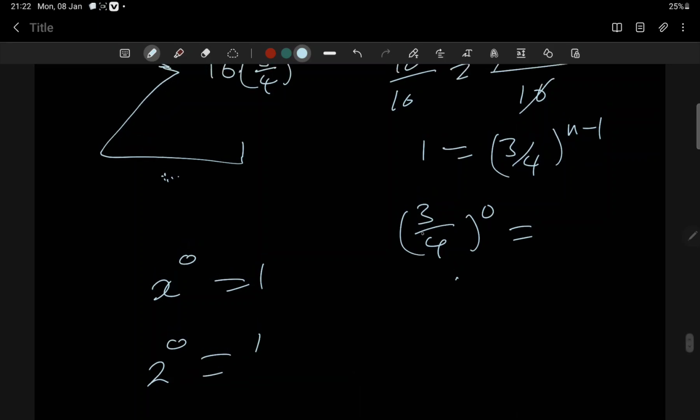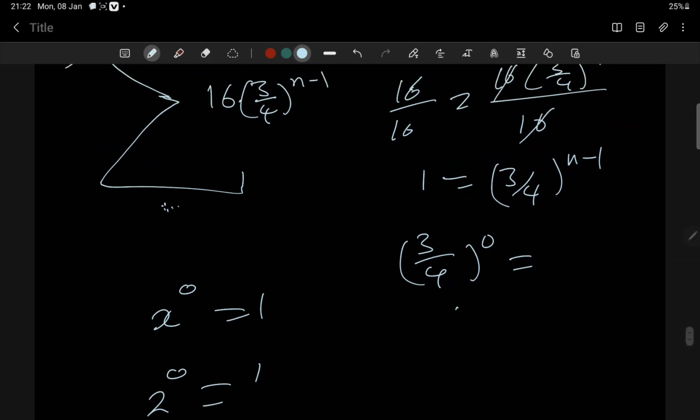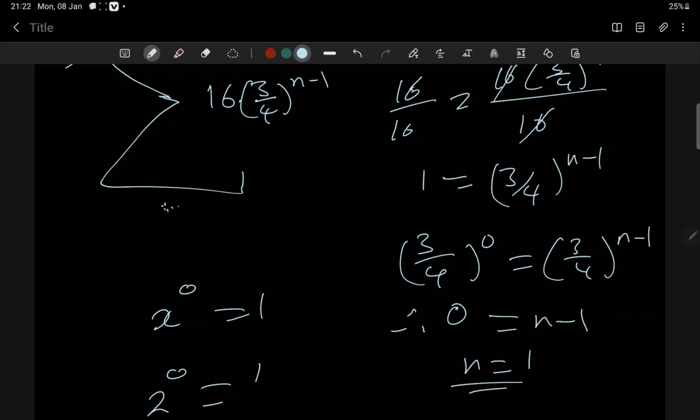This is why we just change this to the exponent of 0, so that this solution can be solvable. 3 over 4 to the n minus 1 on the right hand side. Then laws of exponents, equating powers of the same base. We also equate the exponent, and the base is the 3 over 4. So therefore 0 equals n minus 1. Add 1 both sides, you're left with n equals 1. Then this is n equals 1.